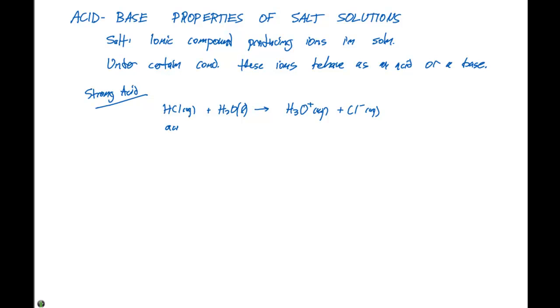HCl we can consider to be the acid, and the Cl− is going to be the conjugate base. A base must produce OH− ions in solution. So if we look at Cl− in aqueous solution, it's going to be in equilibrium with HCl plus OH−.